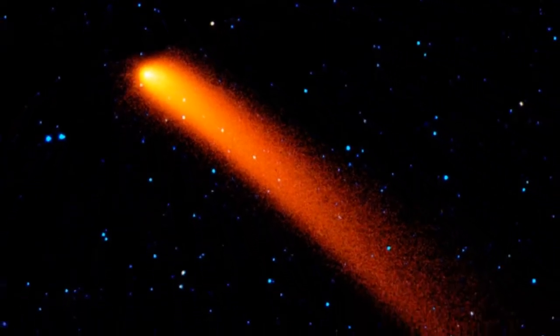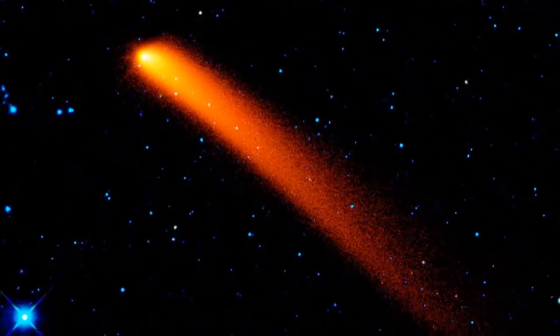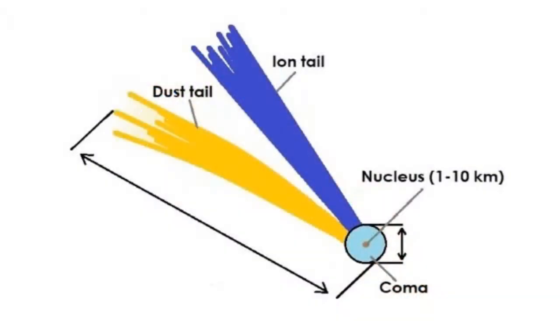The other distinctive part of a comet is the tail area. Radiation pressure from the Sun pushes material away from the comet, forming two tails. The first tail is the dust tail, while the second is the plasma tail, made up of gas that has been evaporated from the nucleus and energized by interactions with the solar wind.